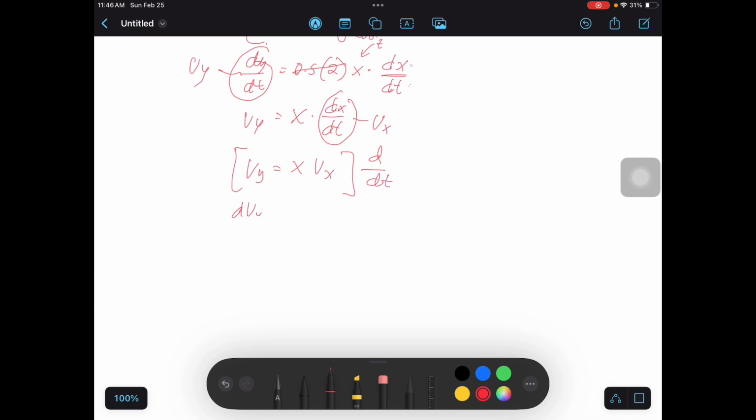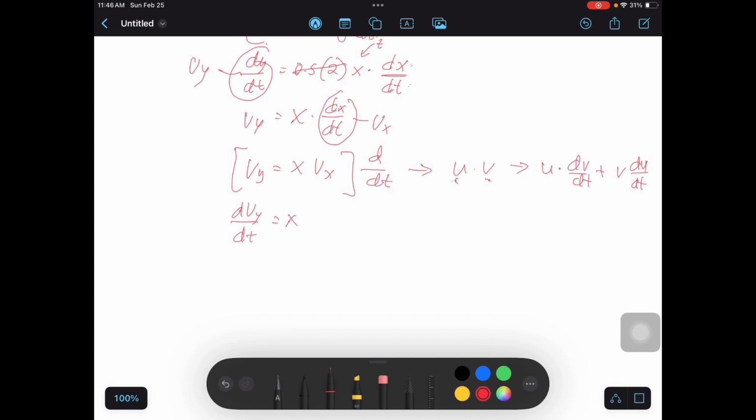So, dvy over dt equals, how do you derive this? This is the product rule, u times v, wherein you take u, then derive the one beside it, which is dv over dt, plus, take v, then derive the u beside it.